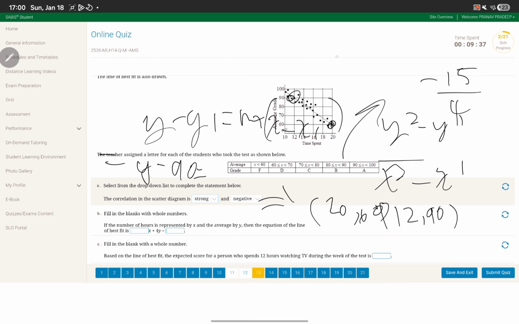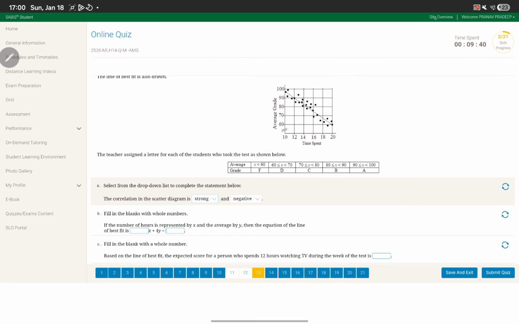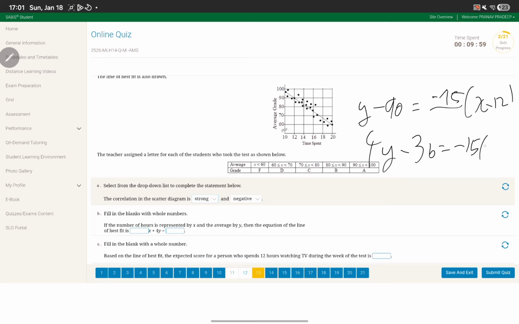Okay, so then you have to put this in the equation form. So y minus 90 equals the slope times x minus 12. Now if you just get rid of the 4 and multiply all sides, it's going to become 4y minus 360 equals negative 15 times x minus 12. And if you multiply this, it's going to become negative 15x plus 180.